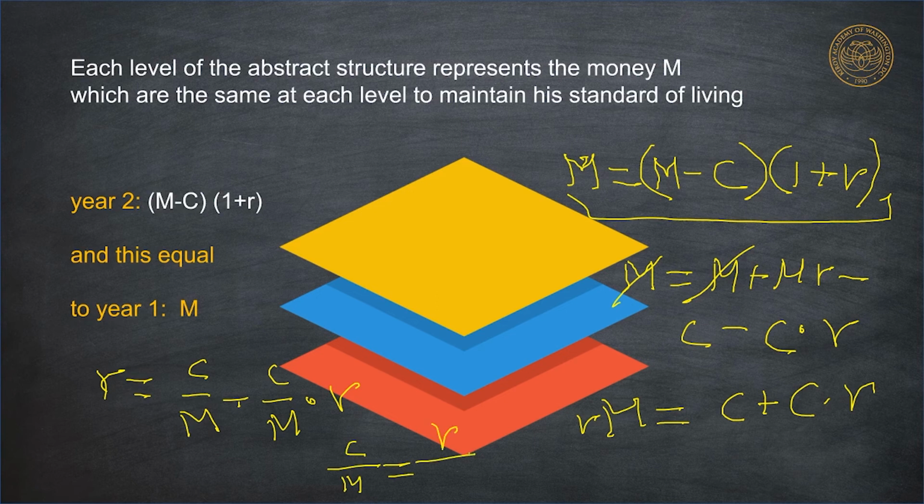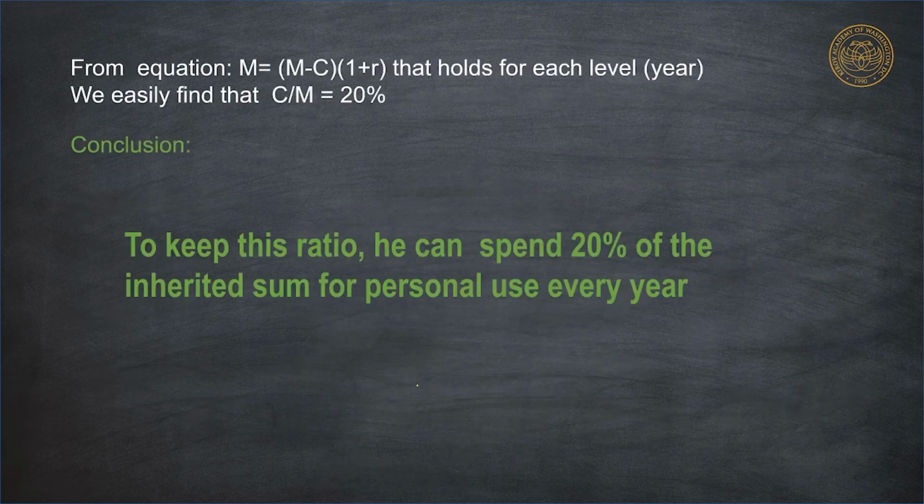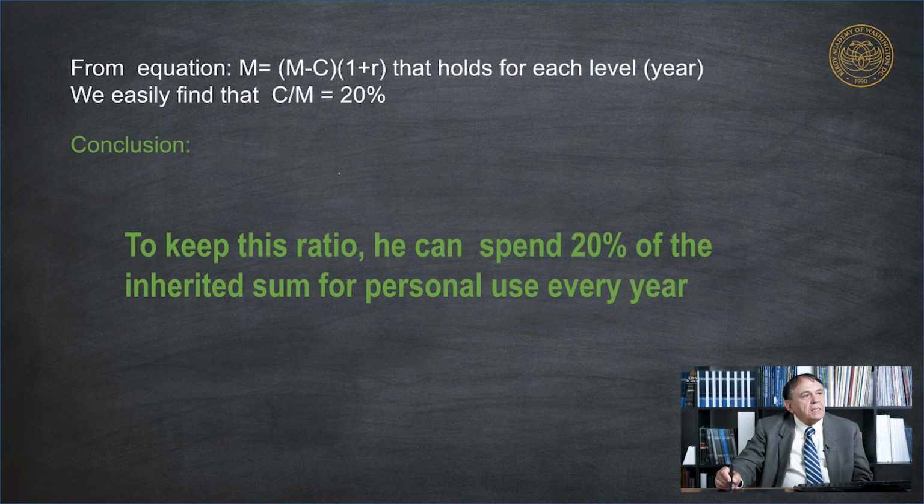And from this, we can see right away that C divided by M equals R divided by 1 plus R. And the problem is solved. So we found the ratio, let's say in percentage, that he can, or he must, put aside so as not to destroy this relation, so to maintain his living standard, okay?